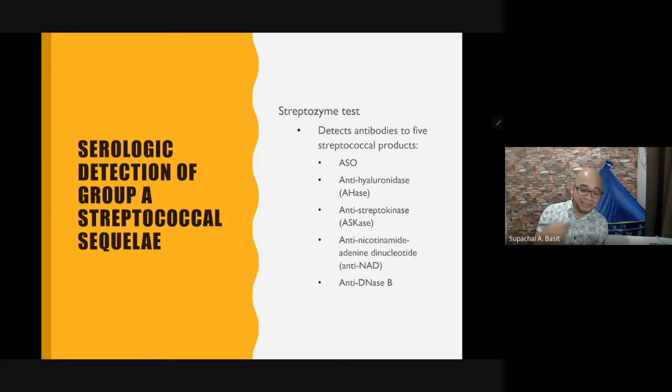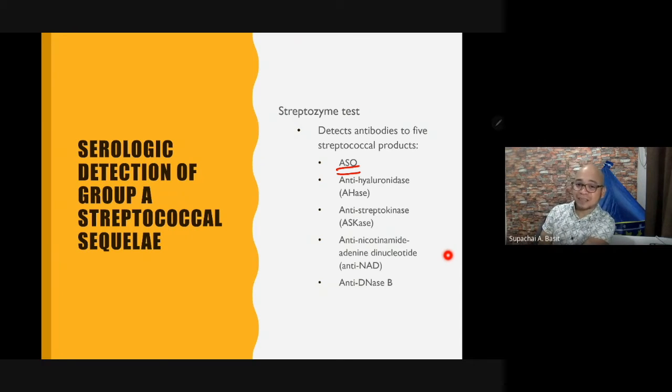So it wouldn't only test for ASO, it would also test for anti-hyaluronidase. By the way, hyaluronidase is a spreading factor. Hyaluronidase is an enzyme that can lyse hyaluronic acid, a component of the ground substance found in connective tissue. Hence, it is known as the spreading factor.